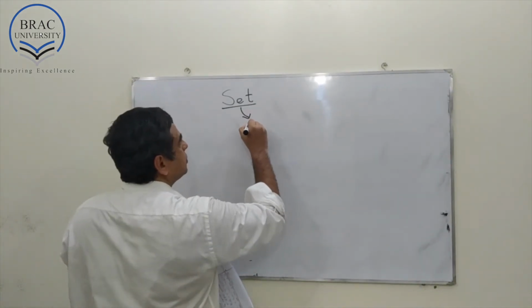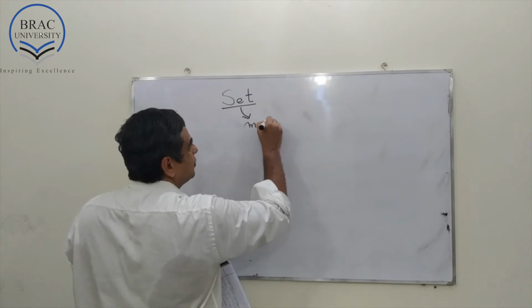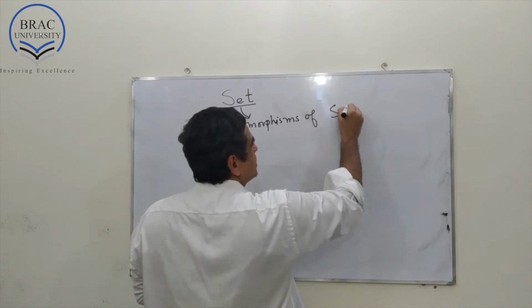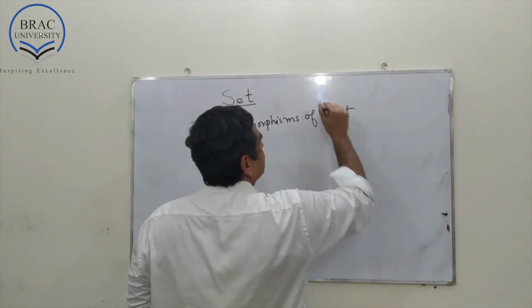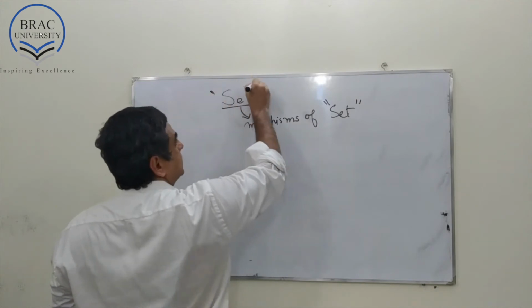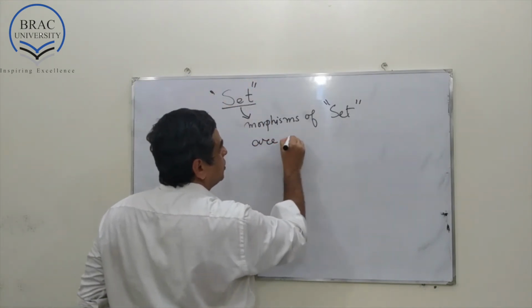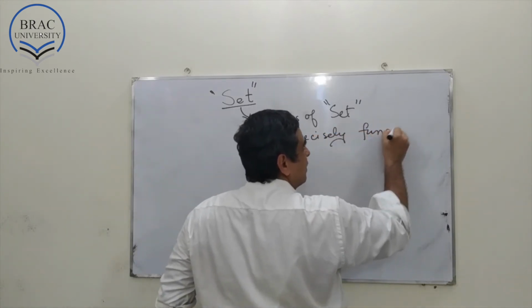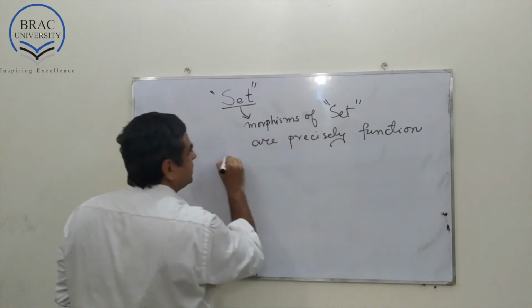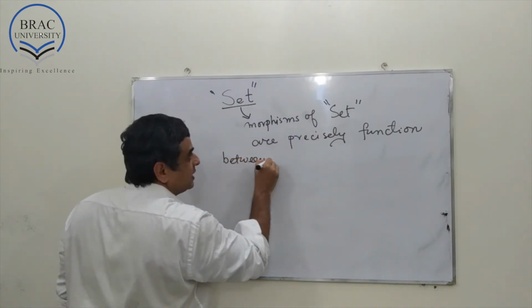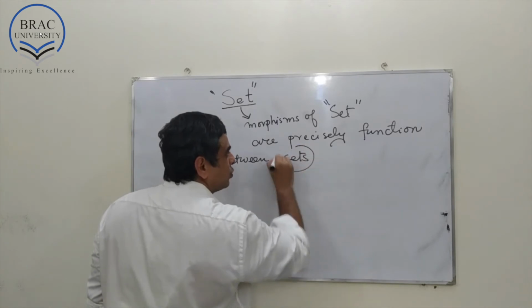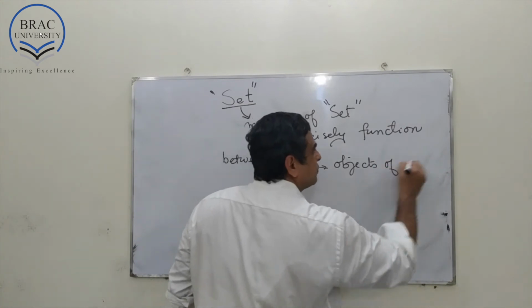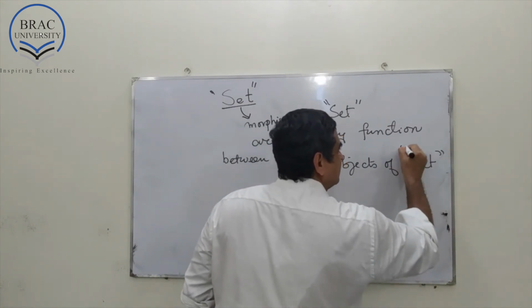The morphisms of Set are precisely functions between sets which are objects of Set.